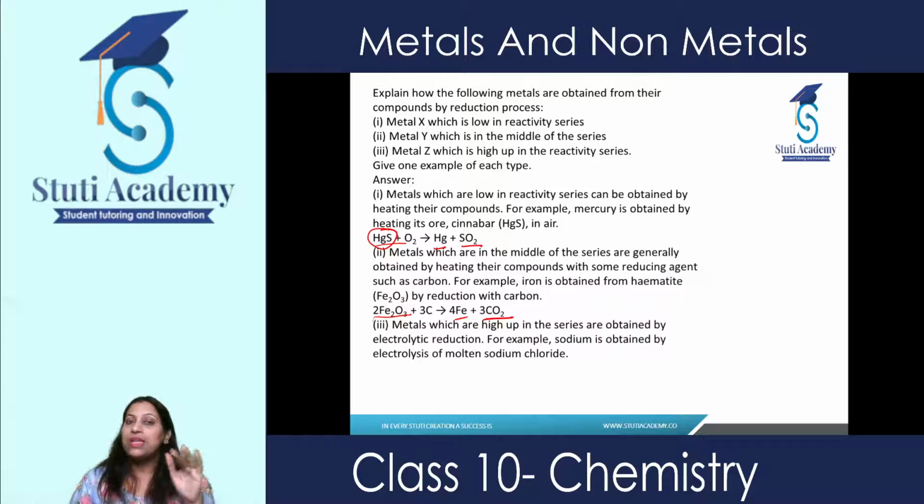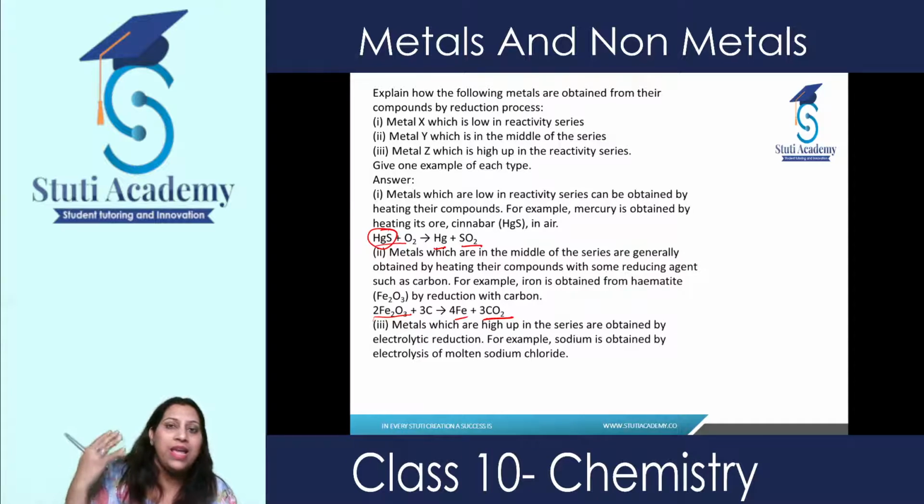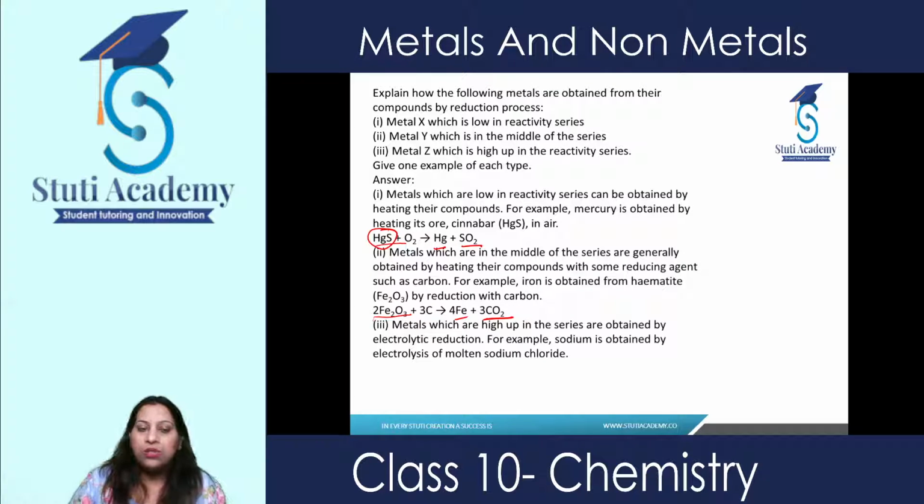So here, as you can see, X, Y, Z metals are given. They have not mentioned any particular name, so you can take any example. Metals which are high in the reactivity series can be obtained by electrolytic reduction, because they are so reactive in nature. If we use any reducing agent with them, they'll react with each other and we will not get any pure metal, we'll get some other compound.